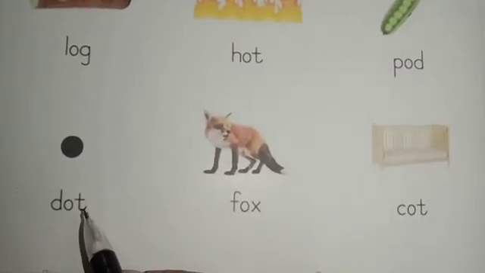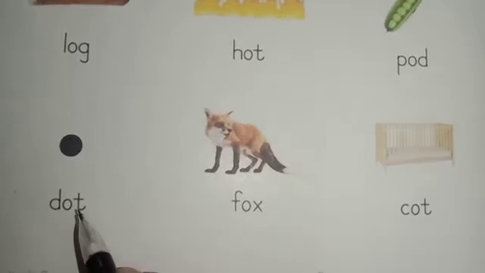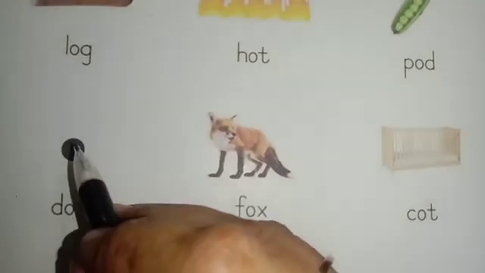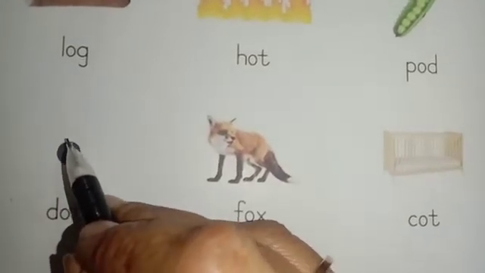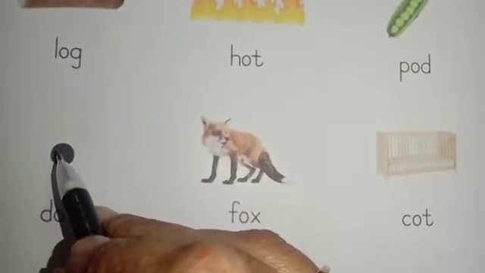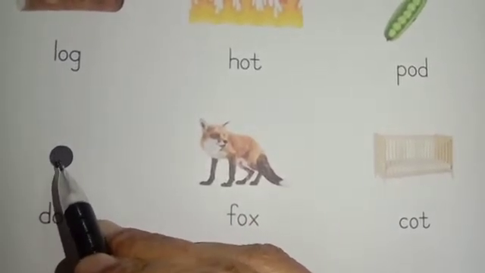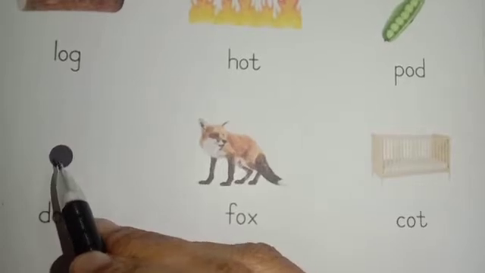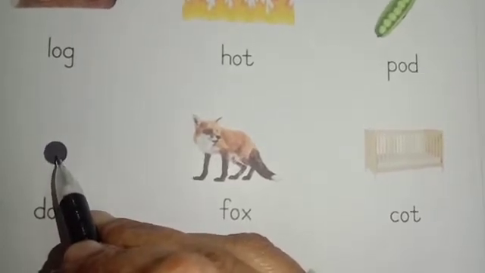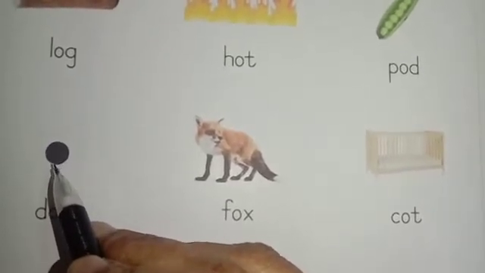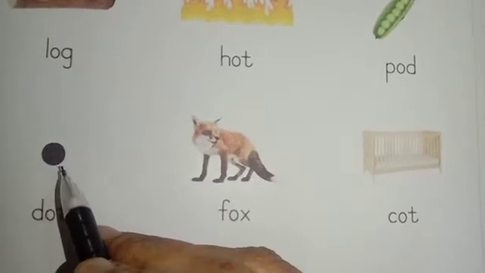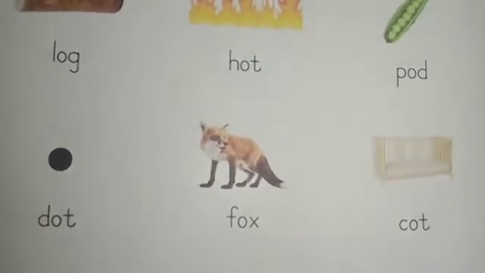D-O-T, dot. It is a very small round mark. The full stop at the end of the sentence is a dot. जो फुल स्टॉप लगाते हैं सेंटेंस फिनिश होने के बाद उसे डॉट कहते हैं.